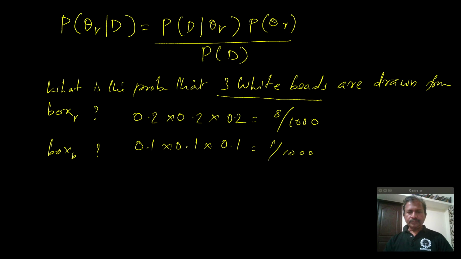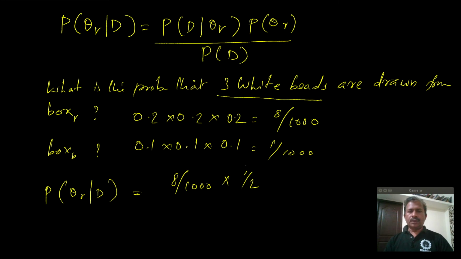So theta R given data: probability of data given the parameter theta R has now been computed. This is 8 by 1000, multiplied by probability of theta R, which is half.